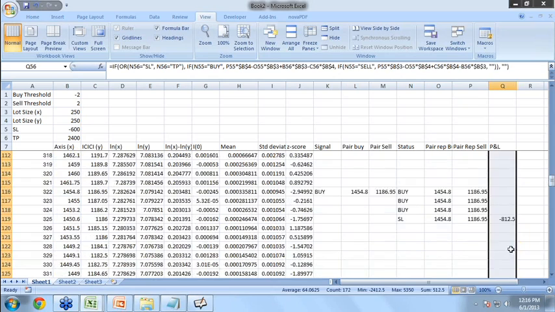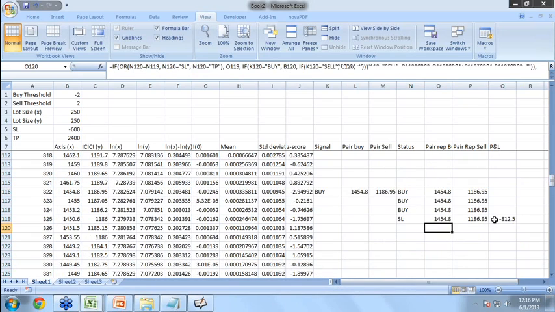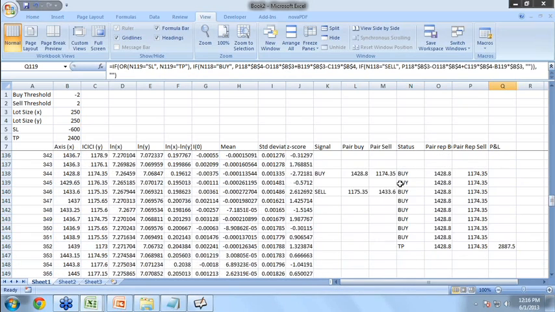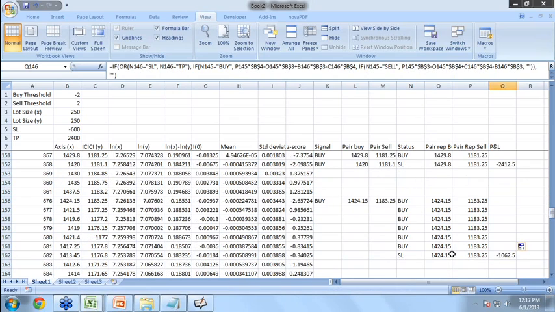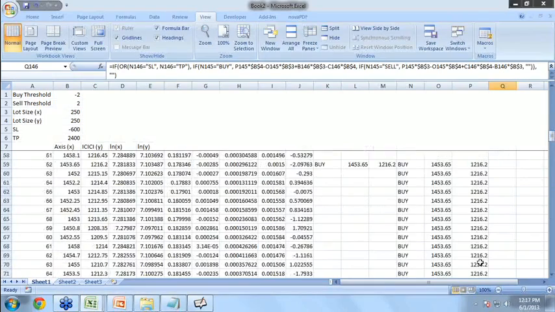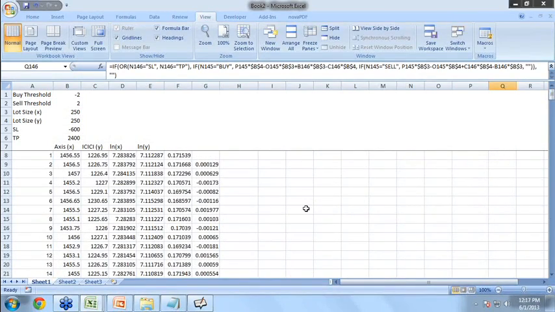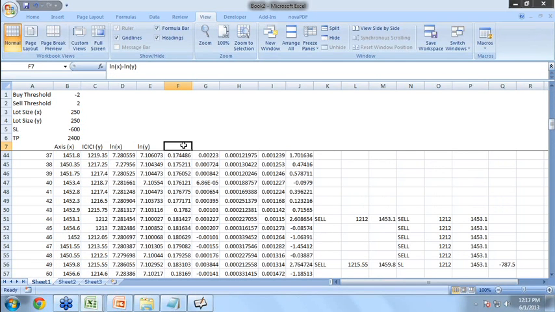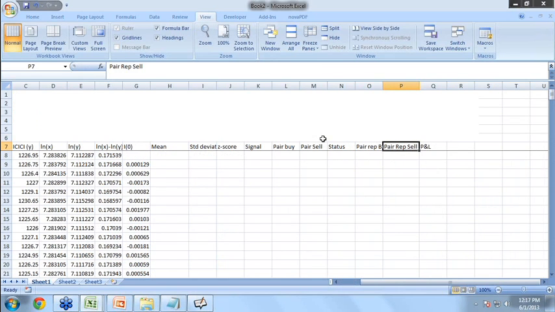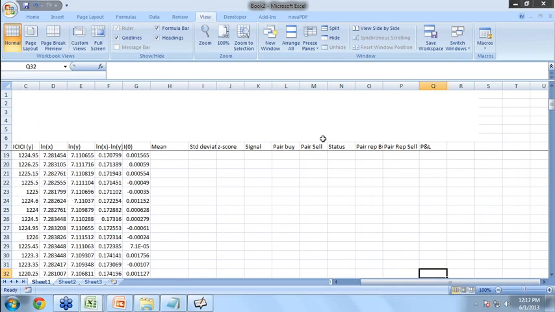So here now we have the buy case, the stop loss is a negative value, so it should be correct. Sell case or buy case, take profit. All right. So this is where we have completed the model as such. I'll just put in the P&L.